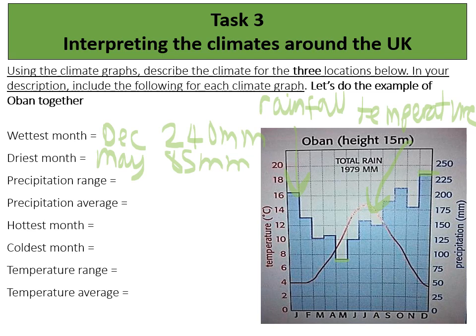Now, when we do the range, we do the biggest number take away the smallest number. So we would do 240 take away 85, which gives us a score of 155 millimeters. So that's the answer to the precipitation range. Now, when we do the average, this is a little bit more time consuming, and you might choose to not do this if you're running out of time.